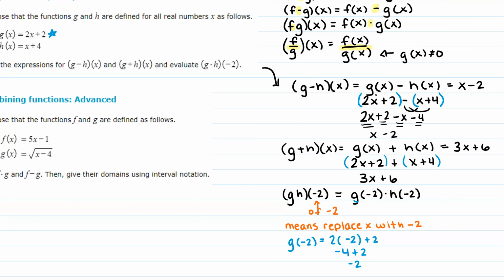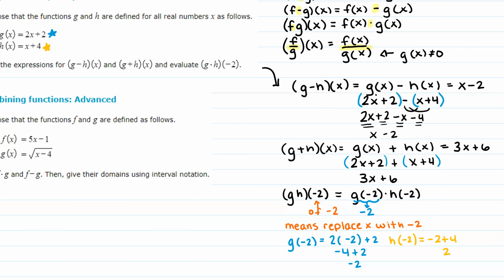So this guy is -2. Now we also need to do h of -2. So h of -2 is going to be the h function with all of the x's replaced with -2. So instead of x plus 4, I have -2 plus 4, which is +2.